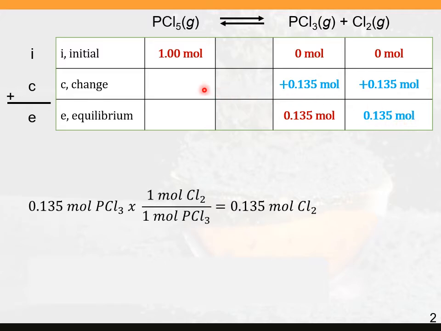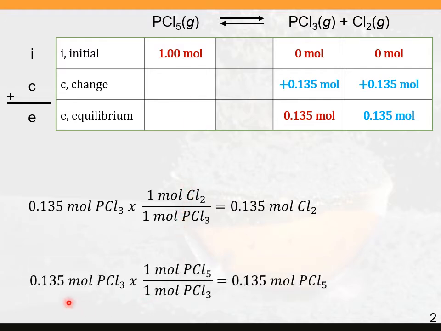How about the change in phosphorus pentachloride? We can do the same stoichiometric calculation, but this time converting the moles of phosphorus trichloride to the moles of phosphorus pentachloride. The mole ratio is again 1-to-1 because the coefficients are 1 and 1. This gives us the change to be negative 0.135 moles.